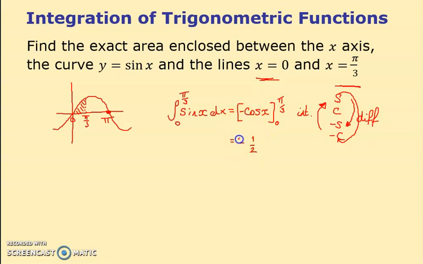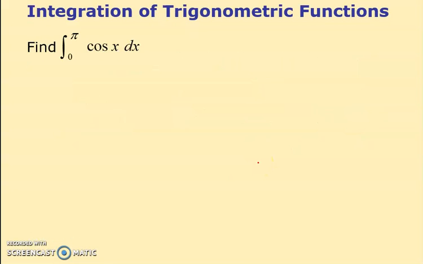And I've put 0 in. Cos of 0 is 1. So this is minus a minus 1, sorry. I got it right, then I changed it, and then I put it back again. So that was really plus 1. So this is minus half plus 1. I reckon the answer is a half. Got there eventually.